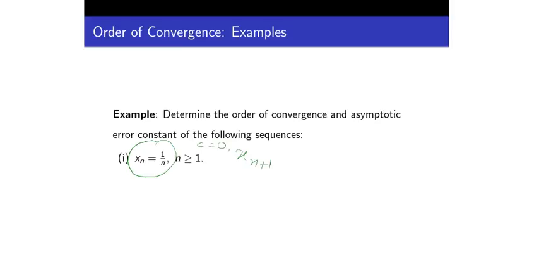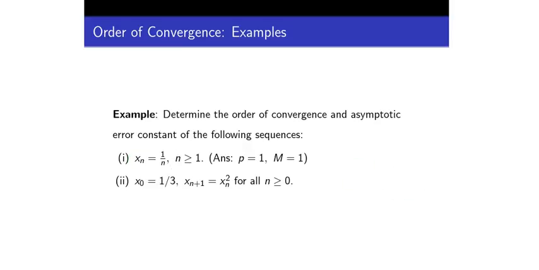Then mod of x_(n+1) minus 0 divided by mod of x_n minus 0 equals (n+1) by n, which tends to 1 as n tends to infinity. So here the asymptotic error constant is 1 and the p value is 1, so the order of convergence is 1.